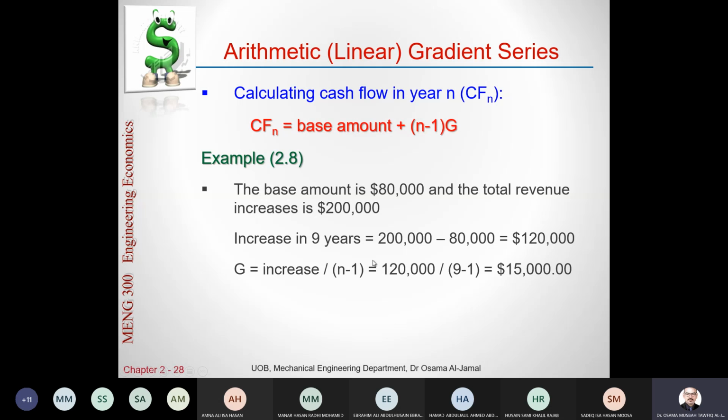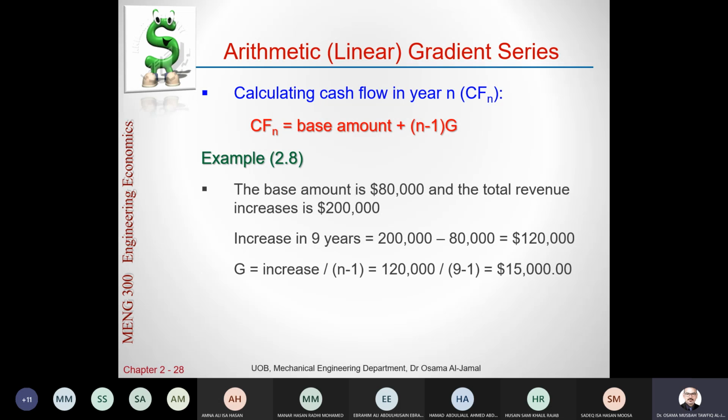So how much is the increase? 200,000 in the last period minus 80,000 in the first period. So the increase is 120,000. How many increments do we have? Increase in 9 years. Actually, we have 8 increments.